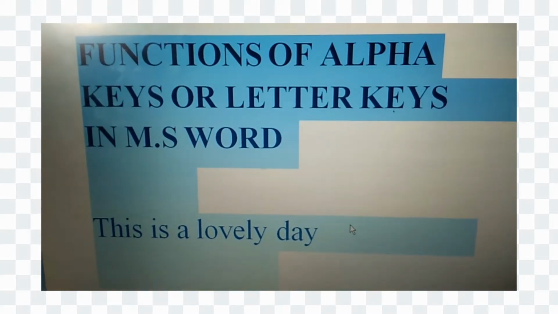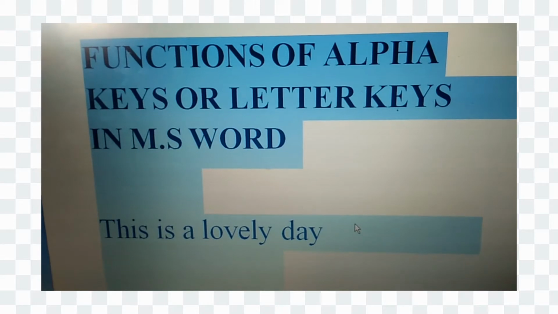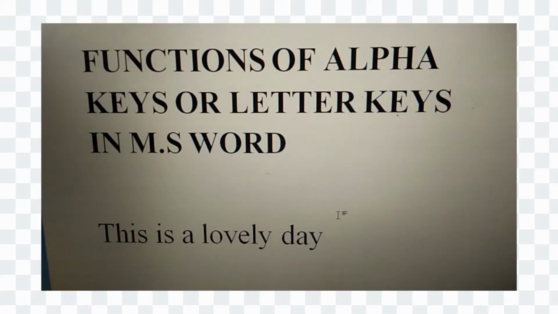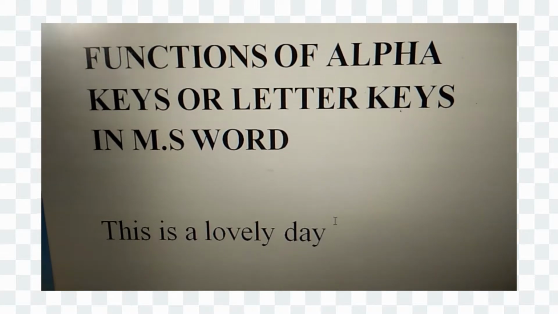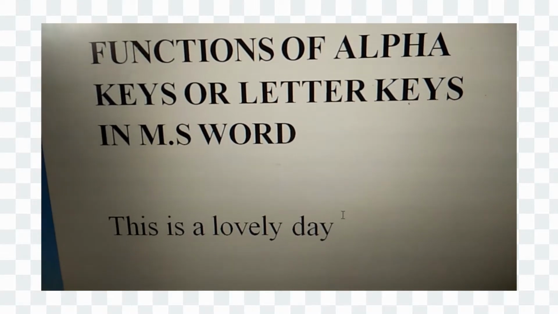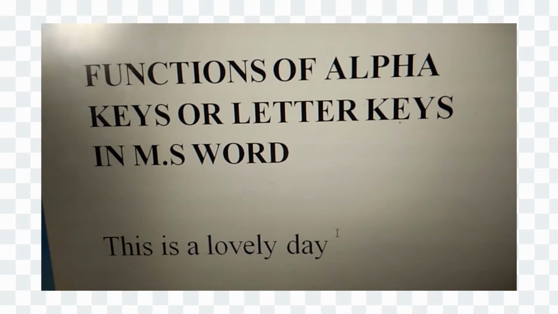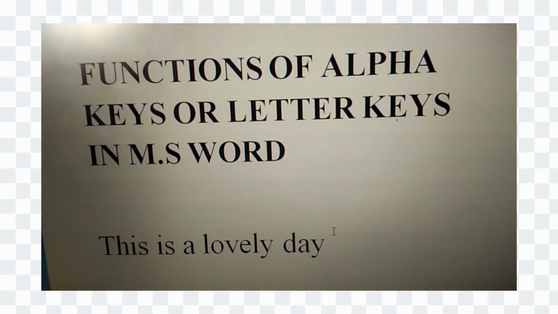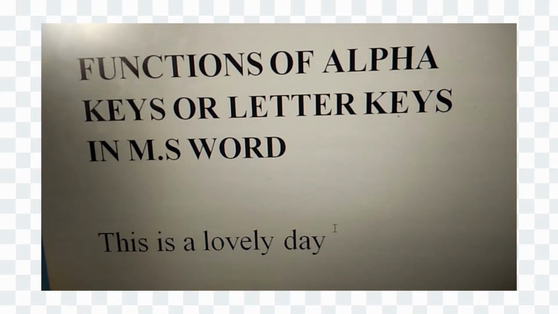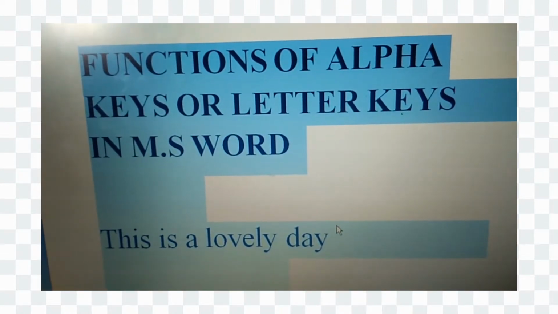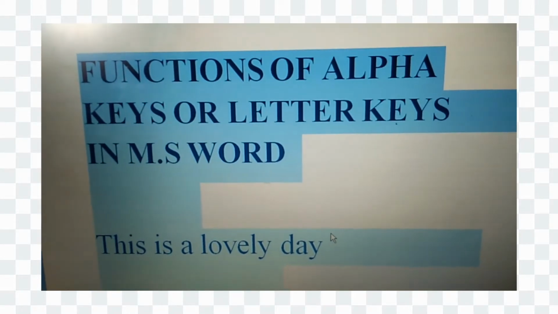So Ctrl plus A in MS Word is used for selecting everything, all your work, even if you have typed from page 1 to 100. If you want to select everything on MS Word, all you need to do is press Ctrl key plus A, and that's it. So that's for Ctrl plus A.